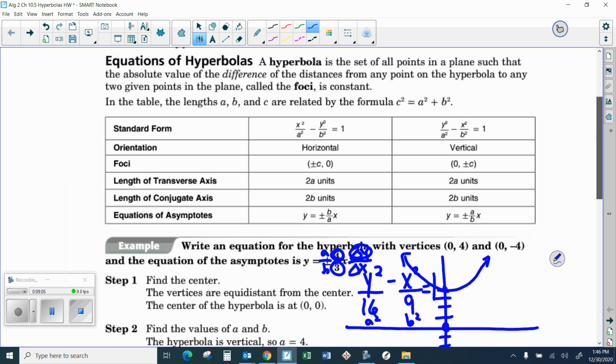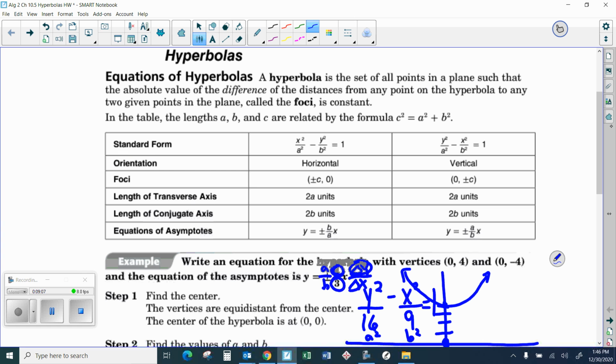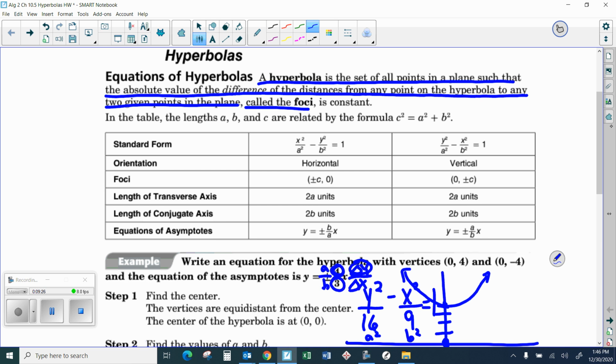So, did they define it? Okay, so the definition of hyperbola, let's go back up here. A hyperbola is a set of all points in a plane such that the absolute value of the difference of the distances from any point on the hyperbola to any two given points in the plane, called the foci, is constant.